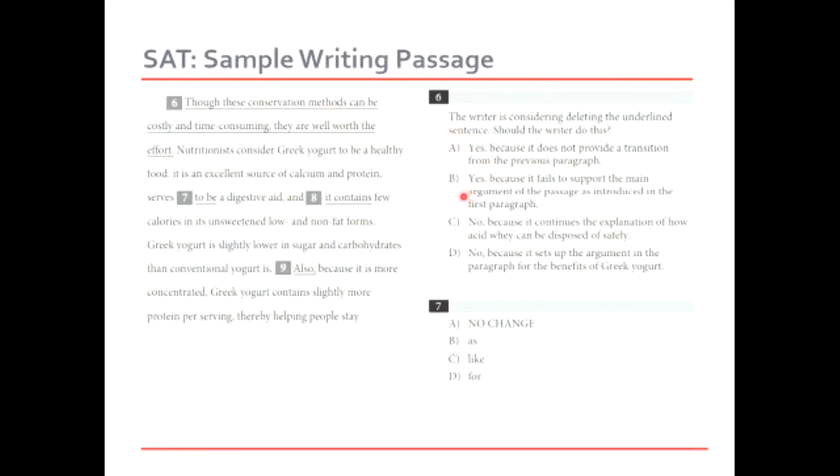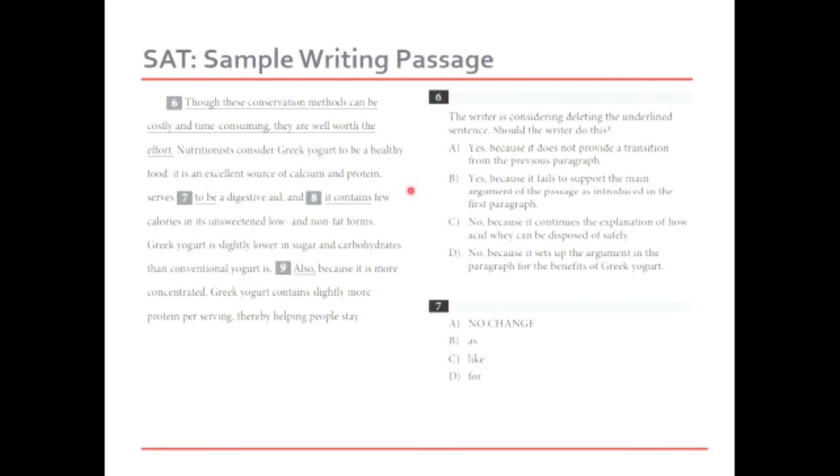Then B, yes, because it fails to support the main argument of the passage as introduced in the first paragraph. Once again, wrong. If you remember, in the first paragraph, the author talked about the drawbacks of using Greek yogurt, and he also talked about the harmful effects on the environment.